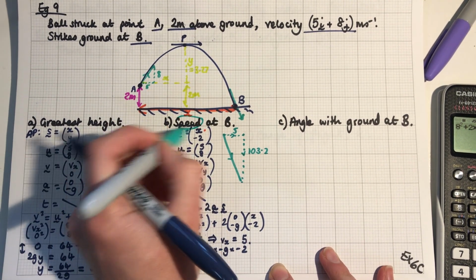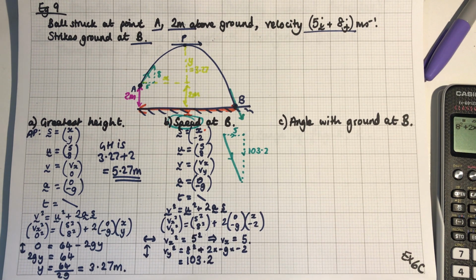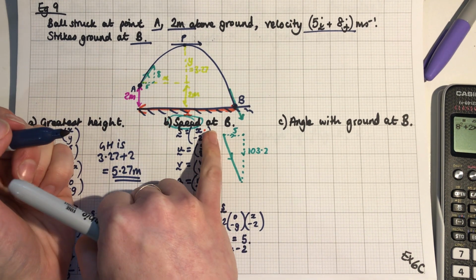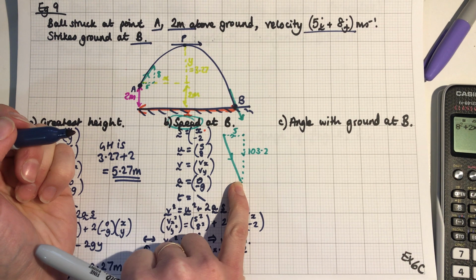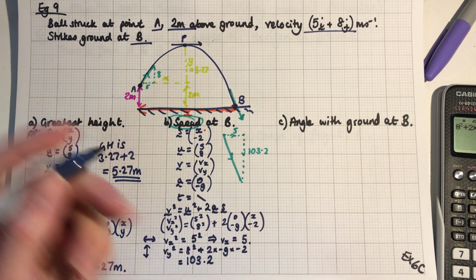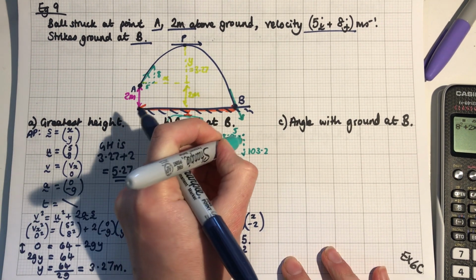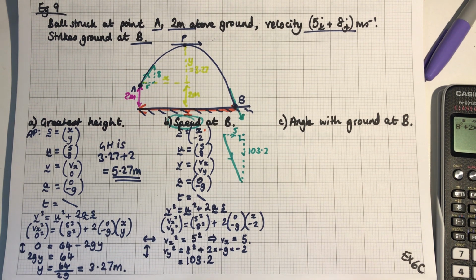The question asks me for the speed. Speed is not a vector. Speed is a scalar. Speed is the magnitude of this vector, which we can think of as the length of the line. So we're going to use Pythagoras on these horizontal and vertical components to find it.